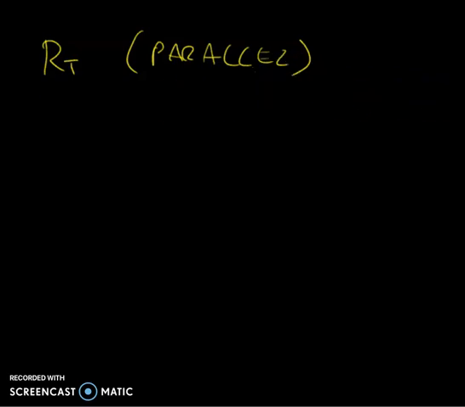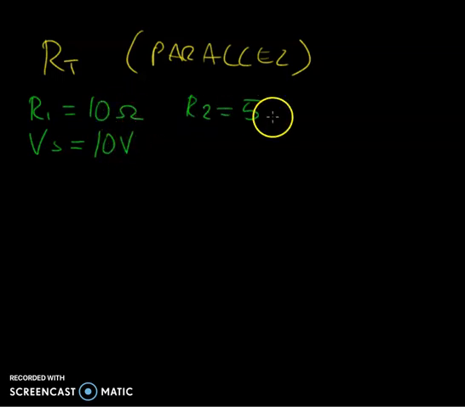Let's remember we had R1 was 10 ohms, R2 was 5 ohms, VS, our supply voltage, was 10 volts. Oops, I forgot my ohm symbols. And our IS was 3 amps.